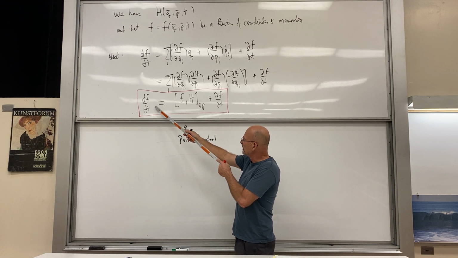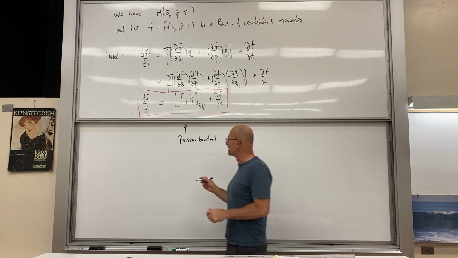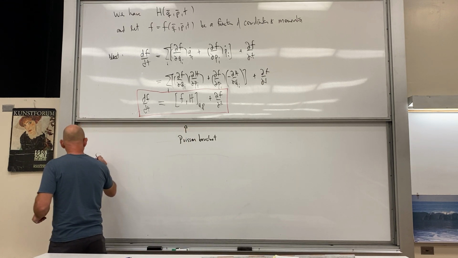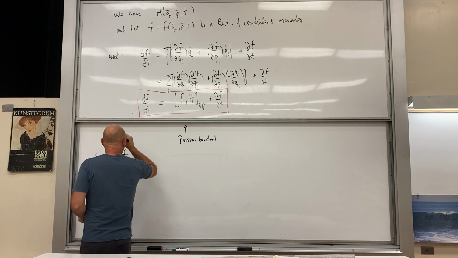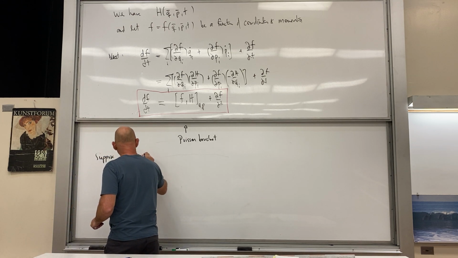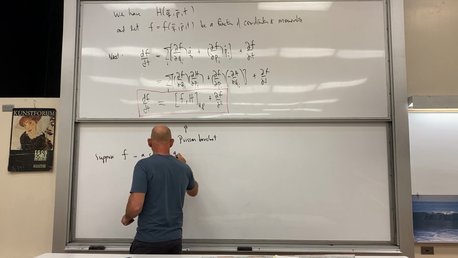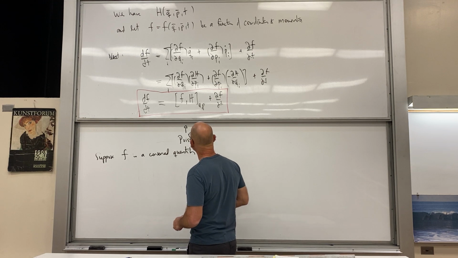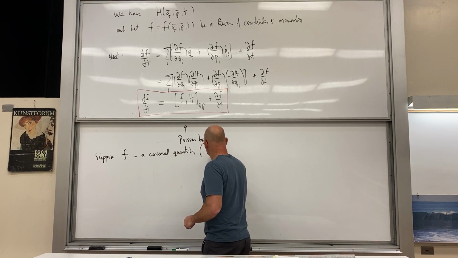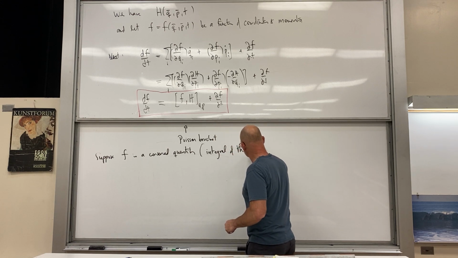So if it's a conserved quantity, we also call it an integral of the motion. Suppose F is a conserved quantity, an integral of the motion. That's just some terminology.